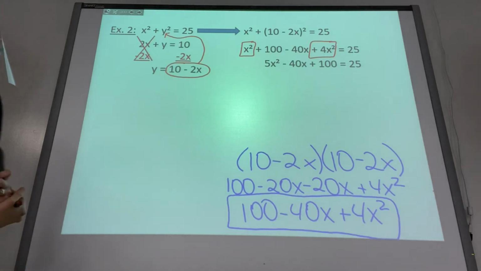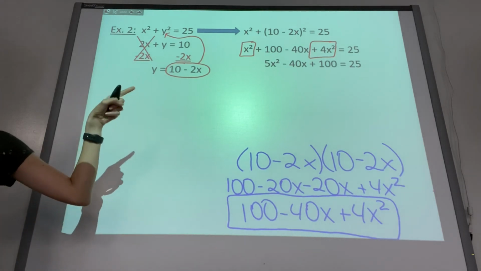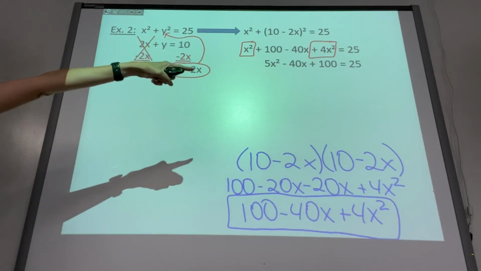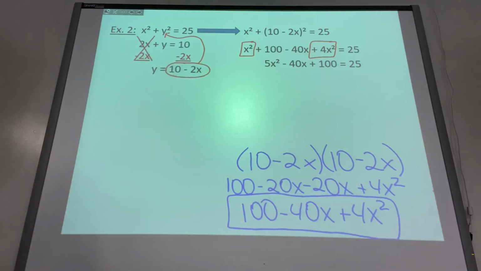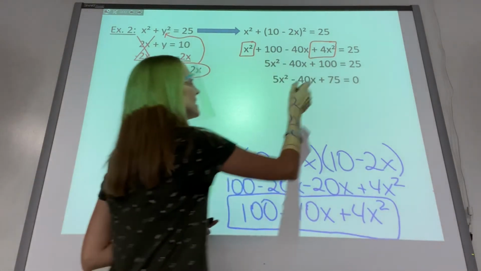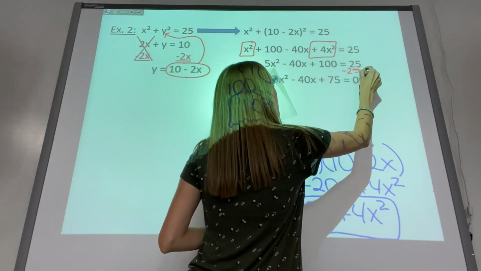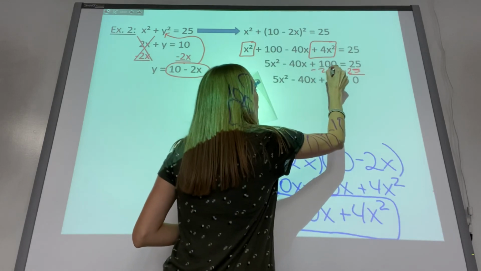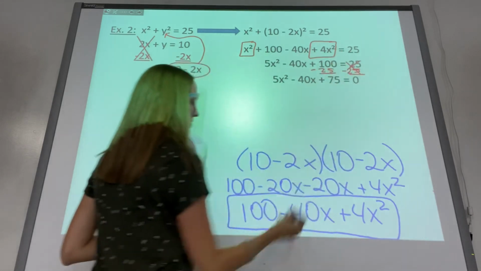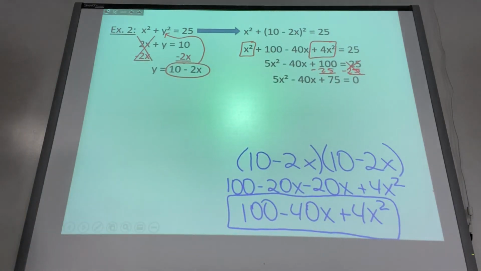That gave me 5x squared. Now, if I'm going to factor that, I don't want it to equal 25. I'm going to need that to equal 0. So, subtract the 25. Anytime you solve a quadratic, it has to equal 0 first.